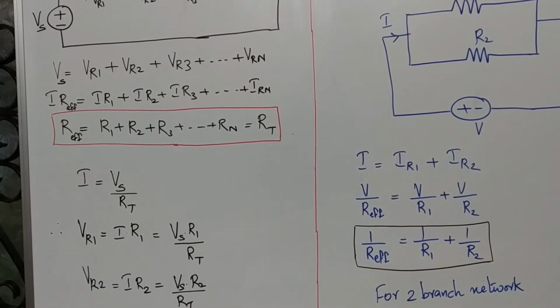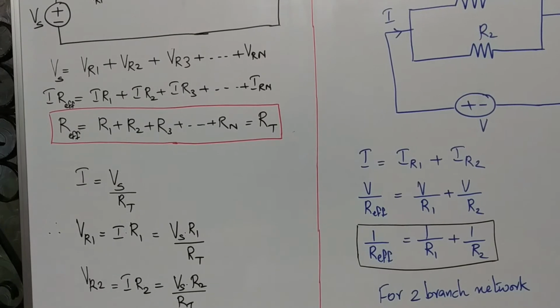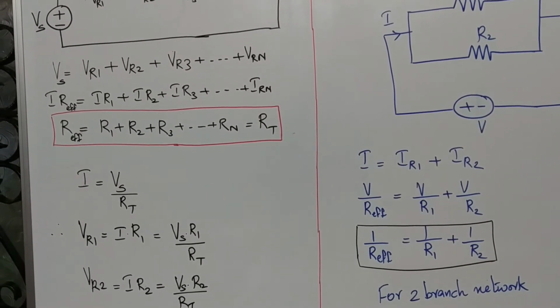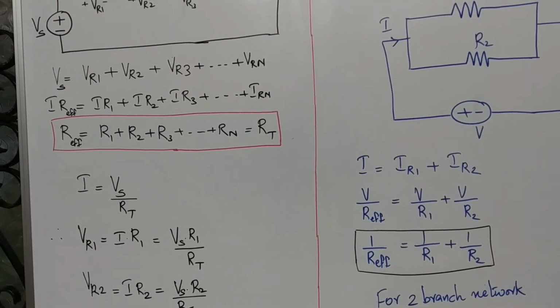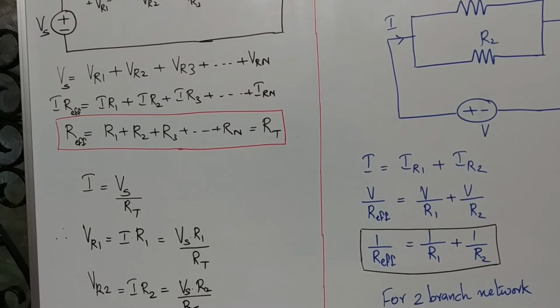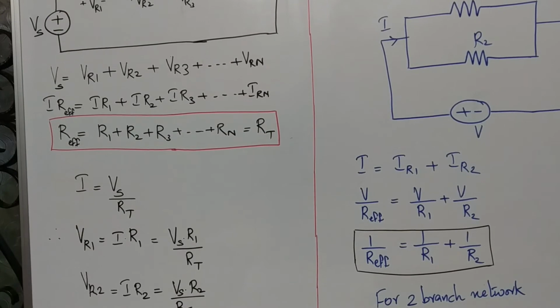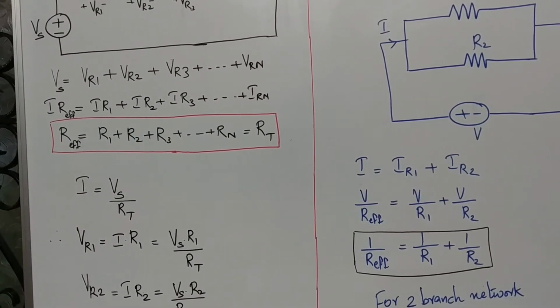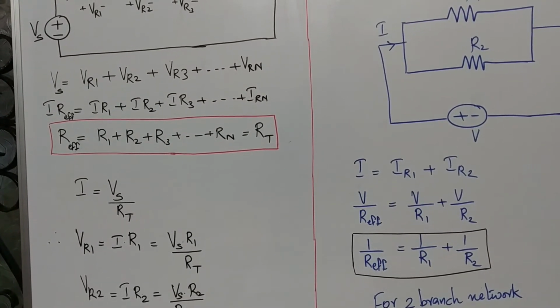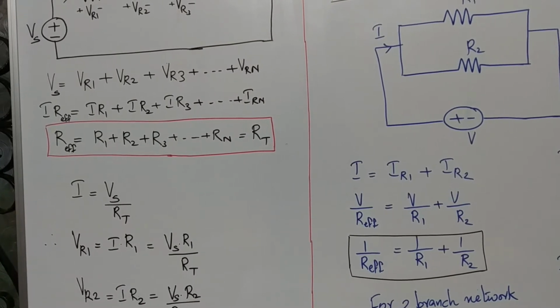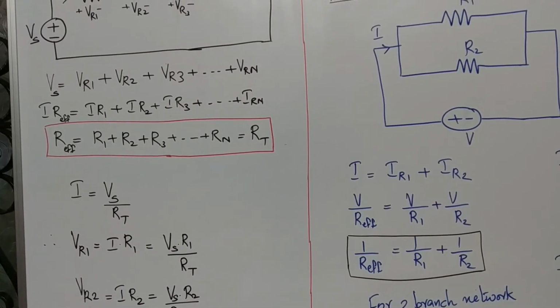So Vs is I into R effective, which is equal to VR1 will be I into R1, VR2 will be I into R2, etc. So the equation will be I R effective equal to I R1 plus I R2 plus I R3, etc., I RN.